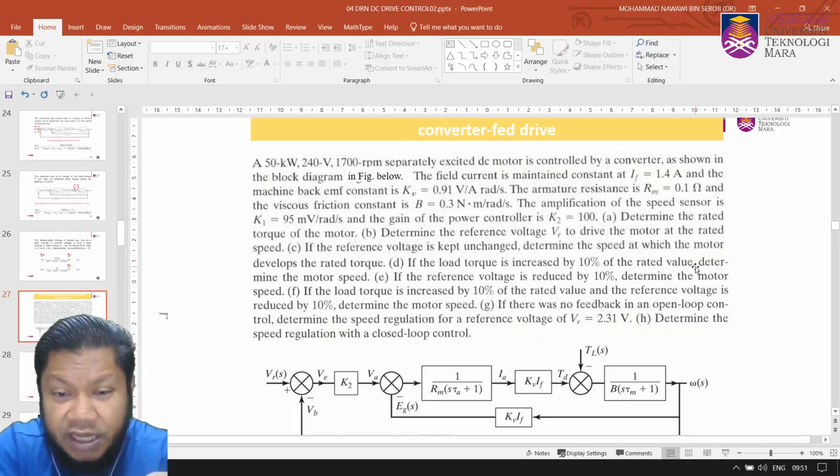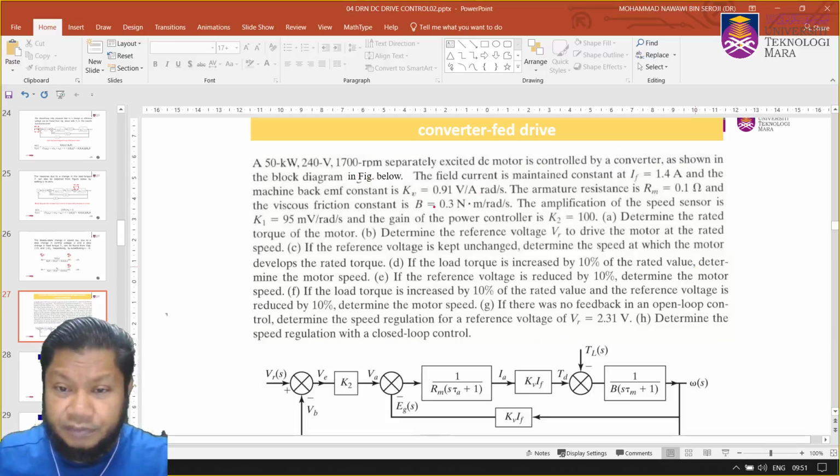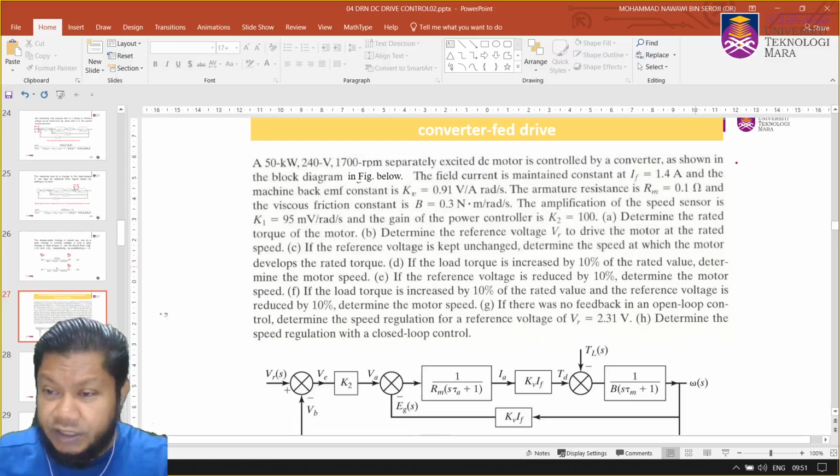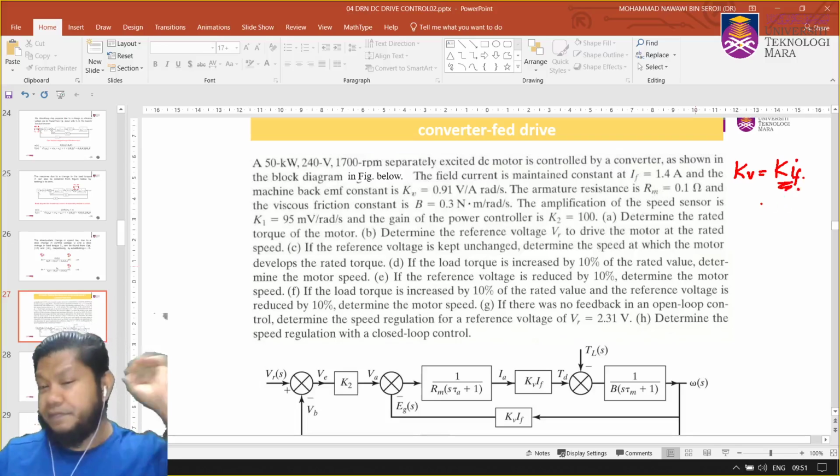So this is actually, if you refer to the previous note, KV here actually represents K IF, if you just remember.